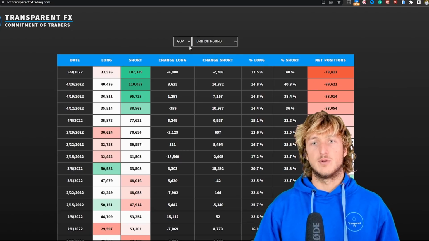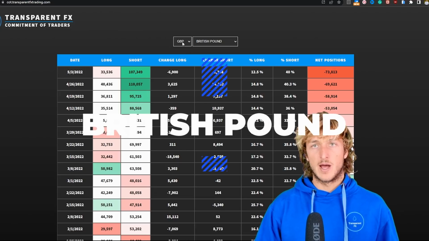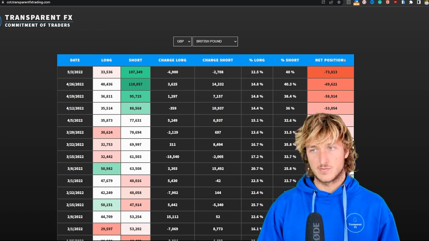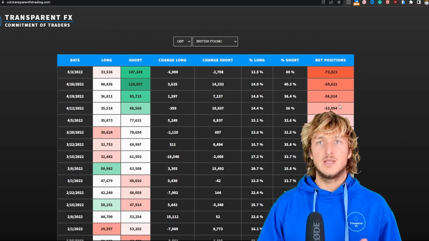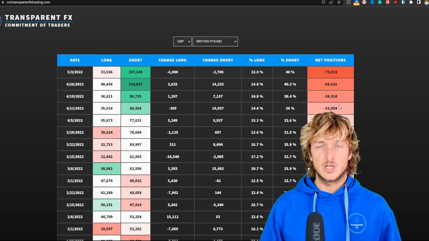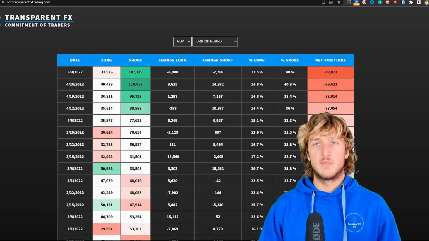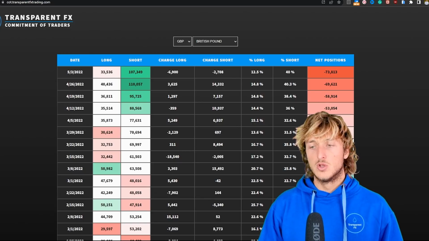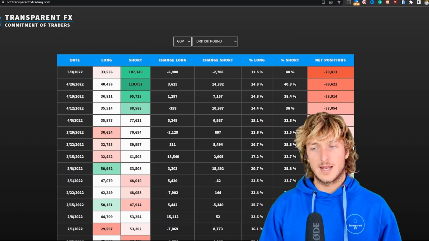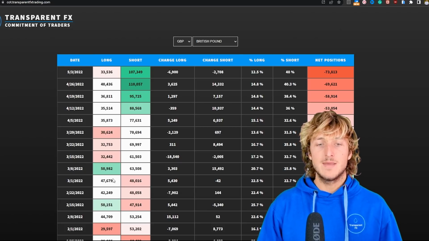Just to give you an example, look here, the pound. What we can see here is the net positions. The net positions indicate how their positioning is changing, because it's simply longs minus shorts. Look, we went from having 2.2K net positions, and it took many months.